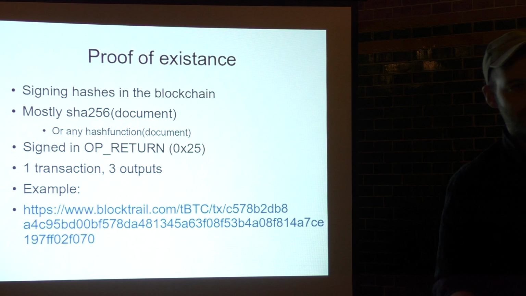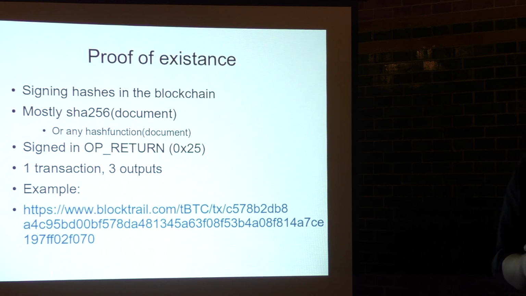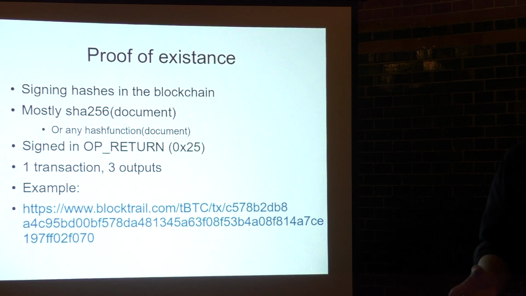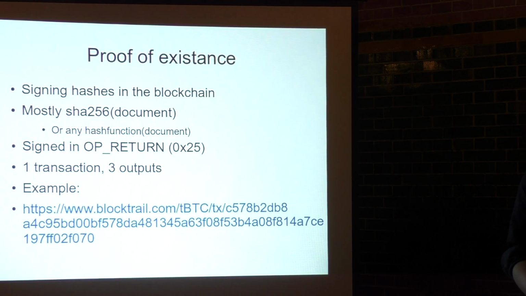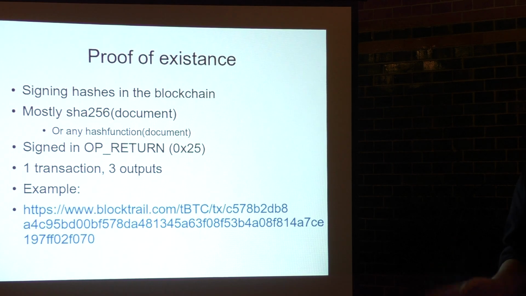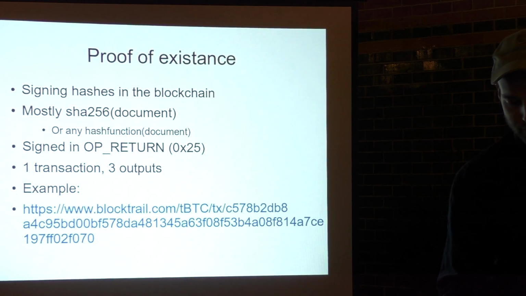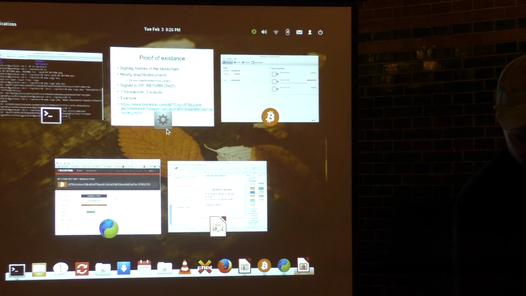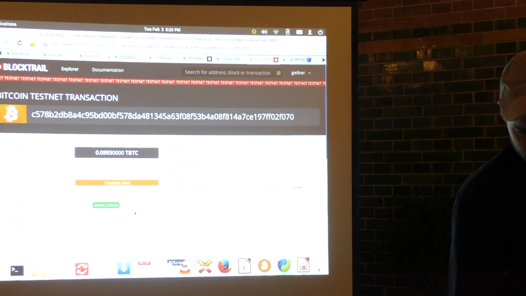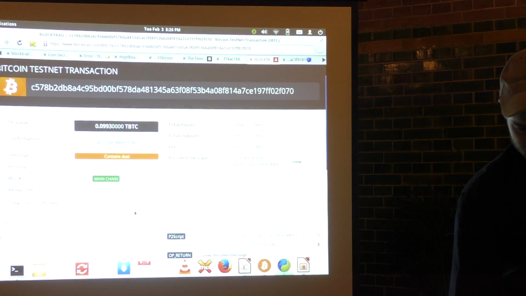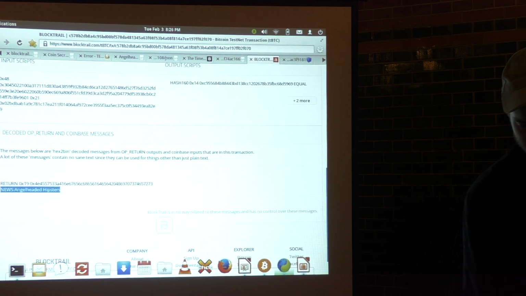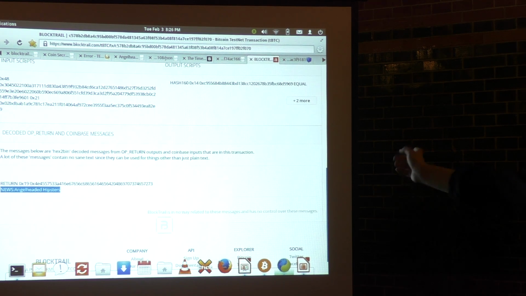Proof of existence is mostly like signing hashes of a document or an article in the blockchain. Bitproof, I think, is one of the few that uses OP_RETURN, but most of them don't use OP_RETURN. This is, for example, a Bitcoin transaction with the use of OP_RETURN.